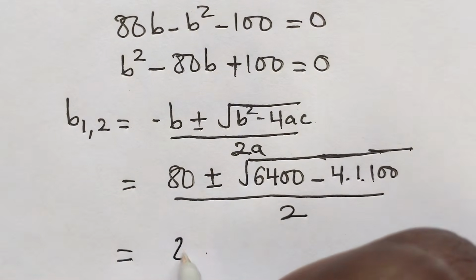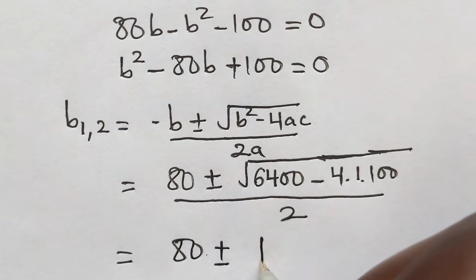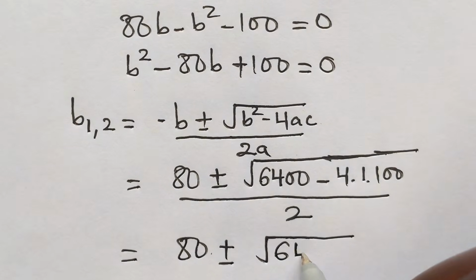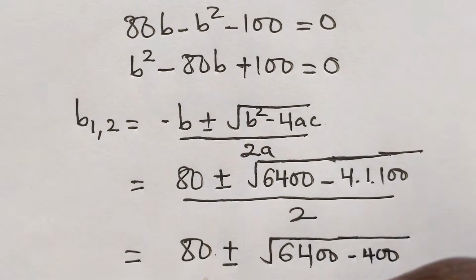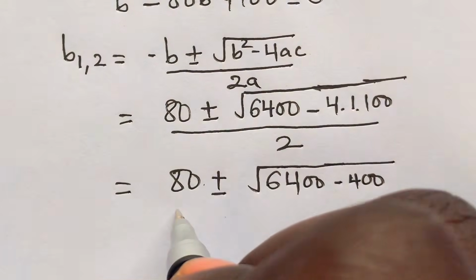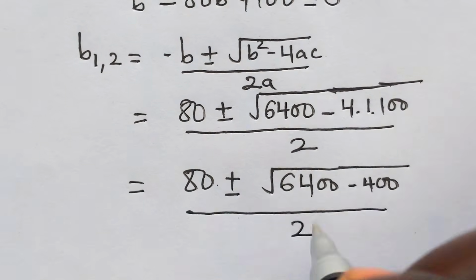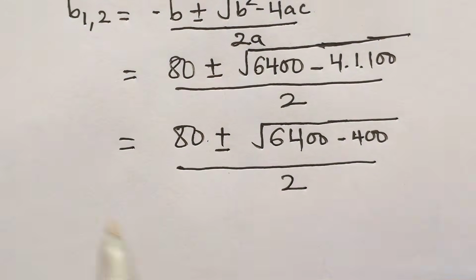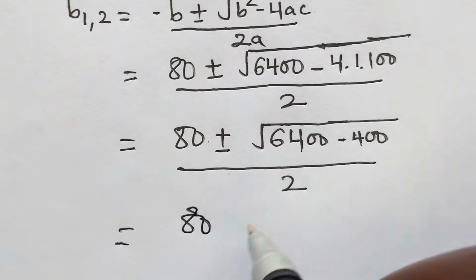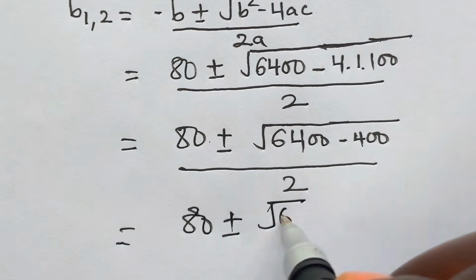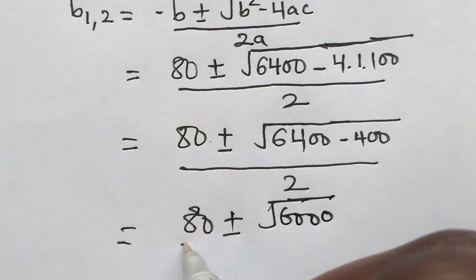This will be 80 plus or minus square root of 6400 minus 400, then over 2.